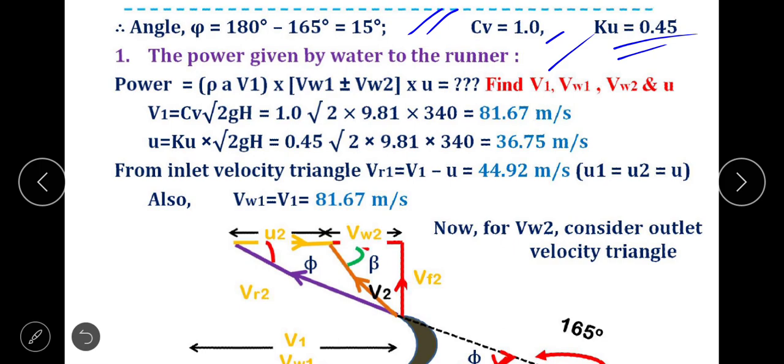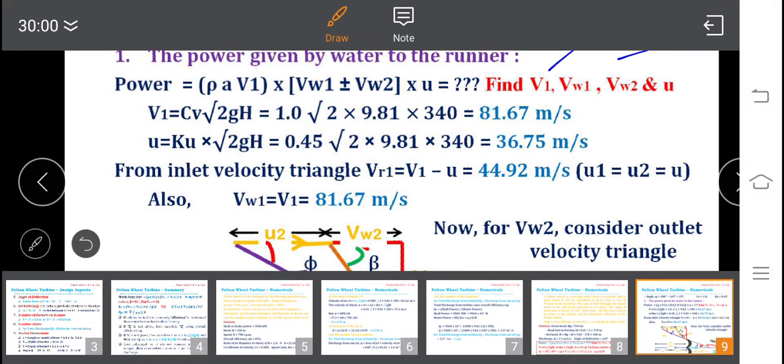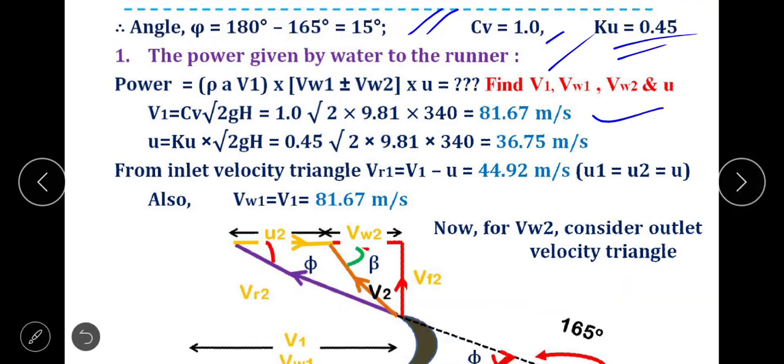For that, V1 is equal to CV root 2GH. CV is 1. Substitute the value inside the square root. You will get 81.67 meters per second. U is equal to KU multiplied by under the root 2GH. Substitute the value, you will get 36.75 meters per second.